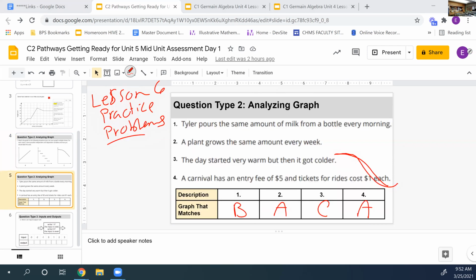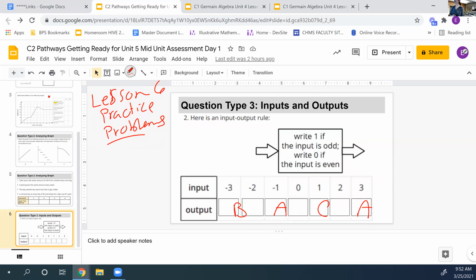Okay. Let me tell you what you guys have for homework this evening. You literally have 1 slide to do. If you scroll, we have slide number 6, where you have a row of inputs here.